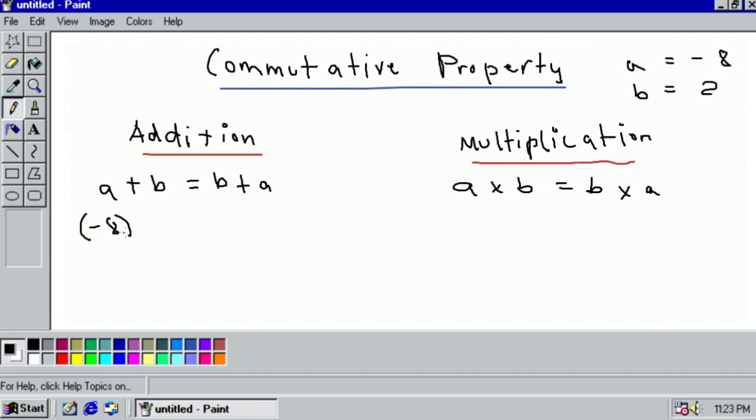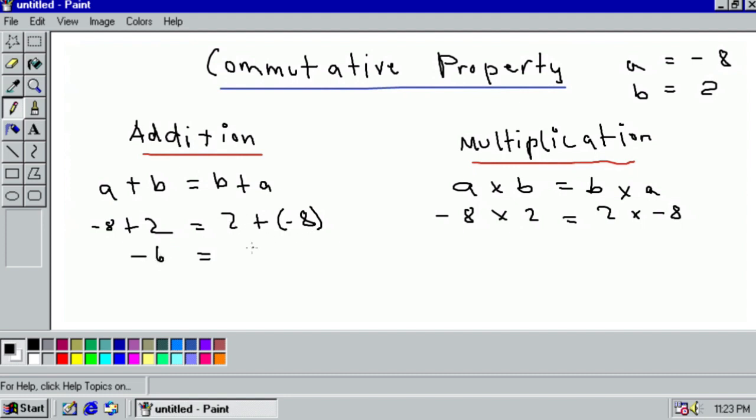Let's put in our variables. -8 plus 2 is equal to -6, and 2 plus -8, that will be 2 minus 8, which is -6.